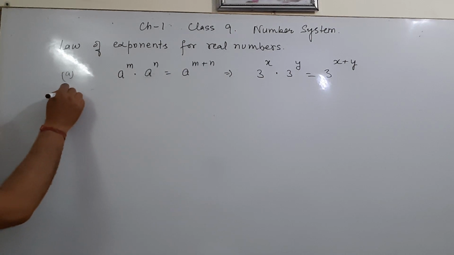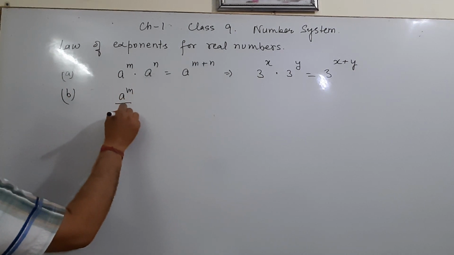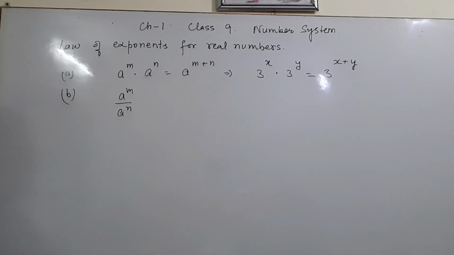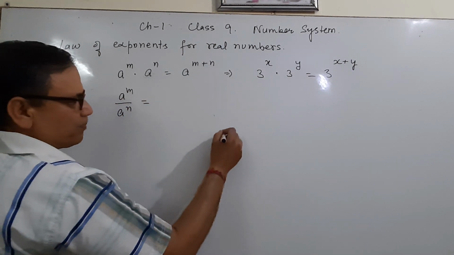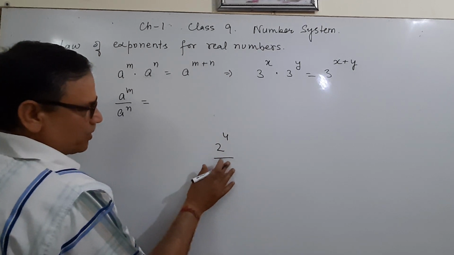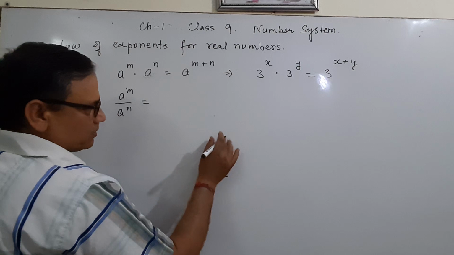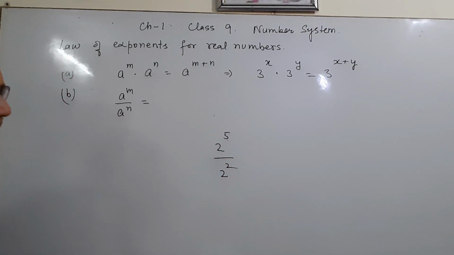And the b part: a power m, a power n, base same, and when they divide each other, then what is the answer? Here is 2 power 5 and 2 power 2. Then what is the answer?